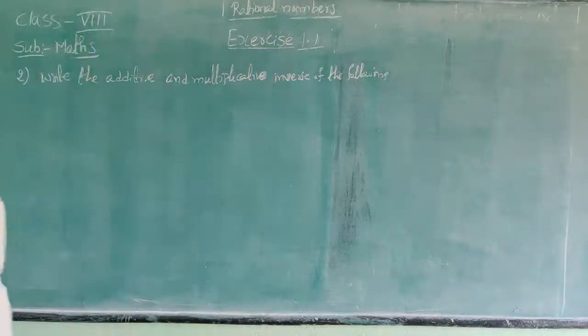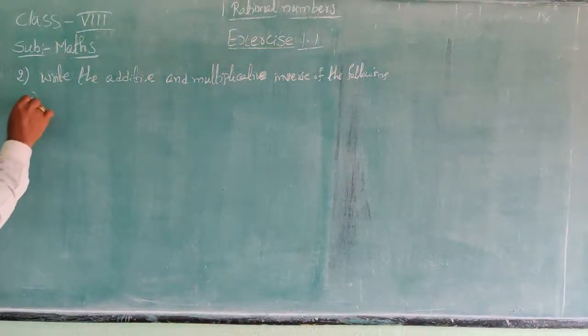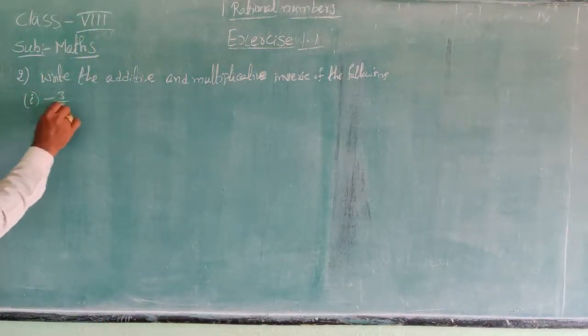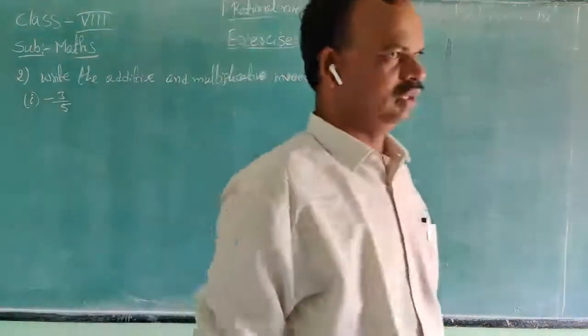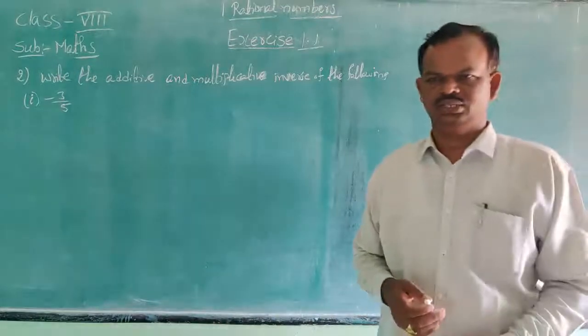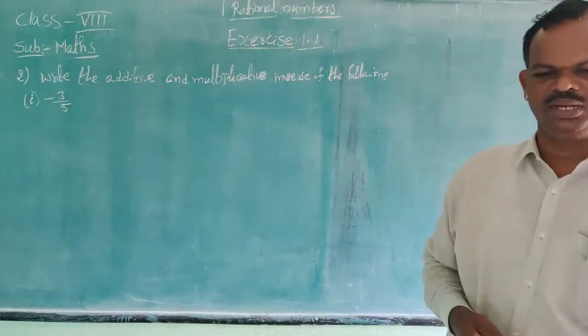First one is minus 3 by 5. Here they want the additive inverse and the next one is the multiplicative inverse.